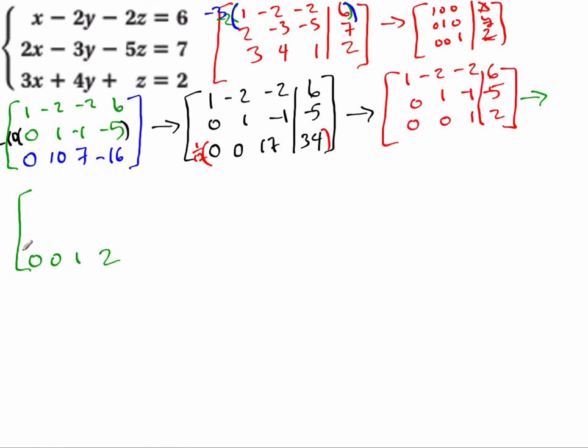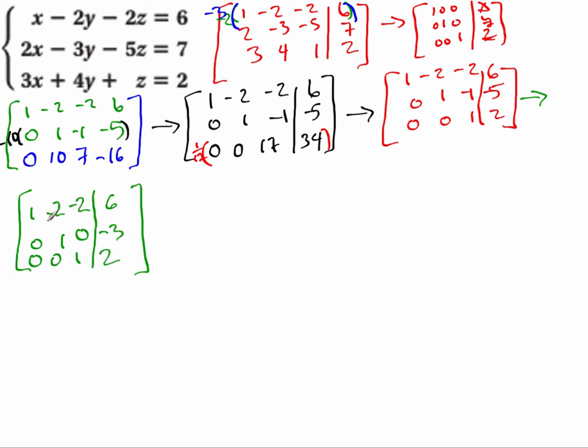So when I add these two, 0 plus 0 is 0. 1 plus 0 is 1. That adds to 0. And this is negative 3. So I've eliminated the x and the z from the second equation. I've eliminated x and y from the third equation.